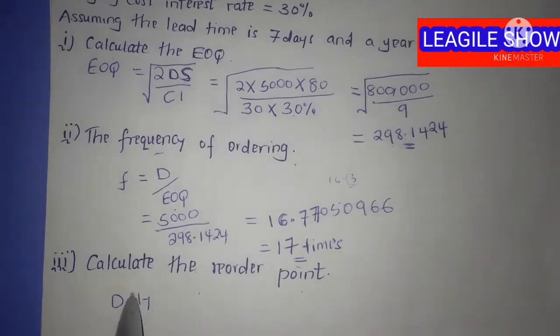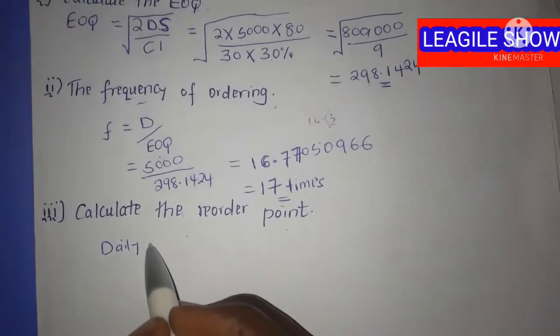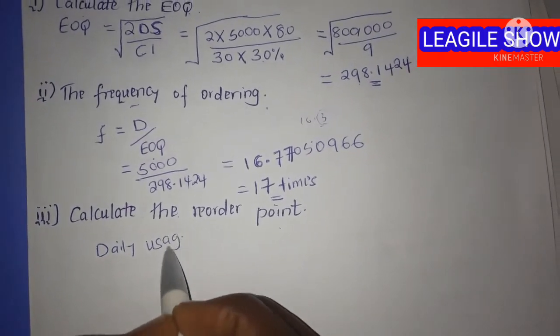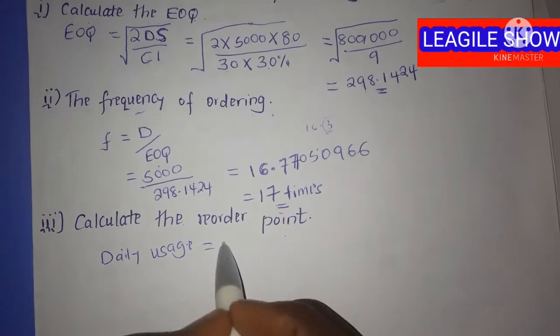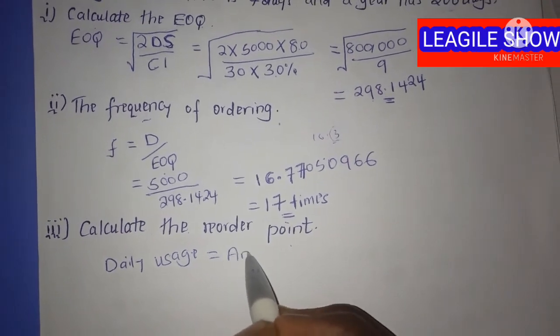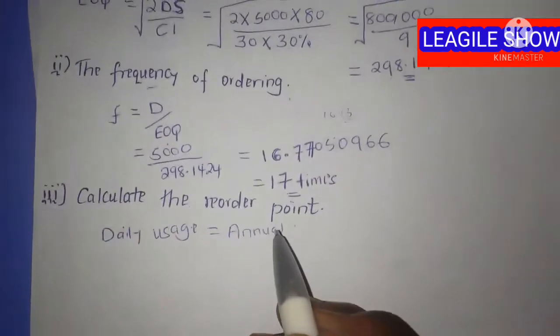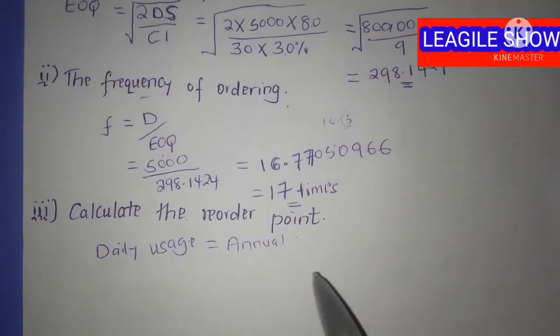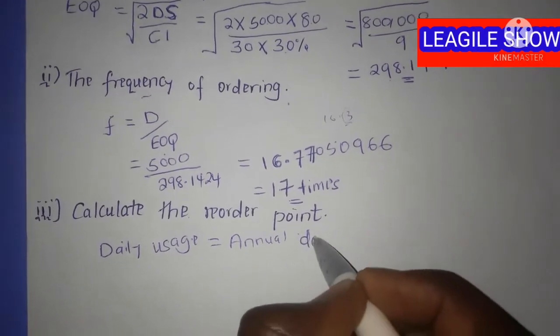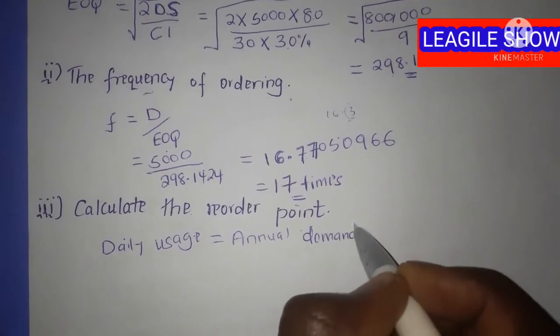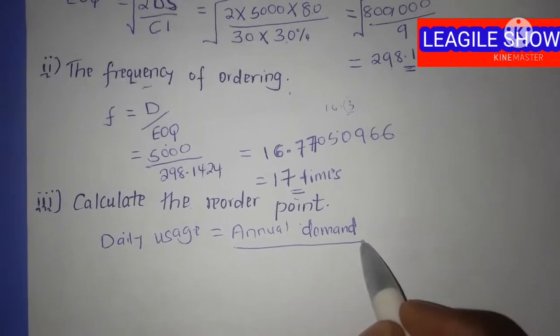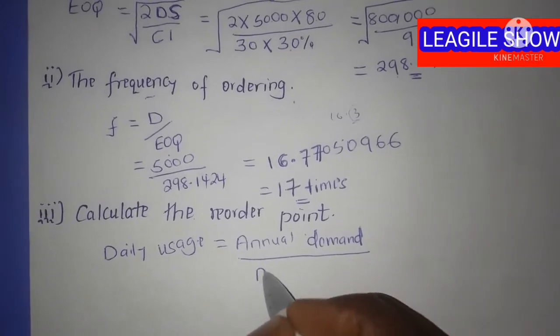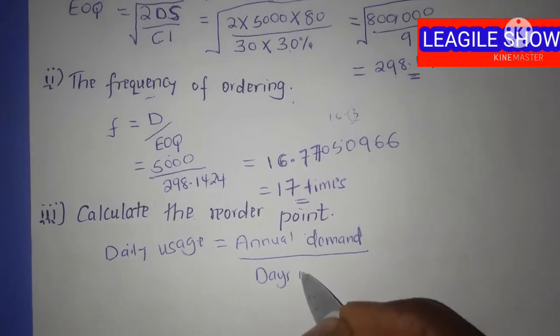The daily usage is given by annual demand over days in a year.